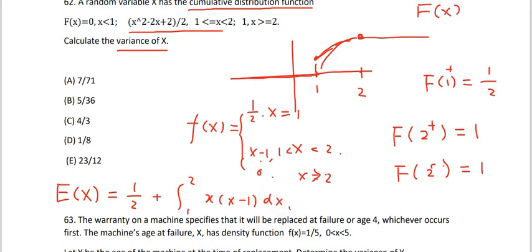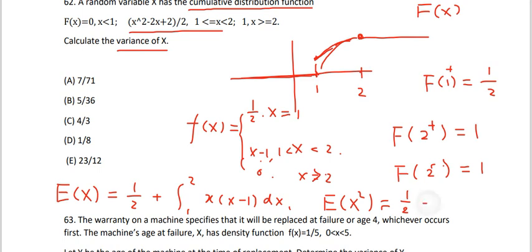Then for x squared: when x is 1, this is half, since 1 squared is 1, with probability half.